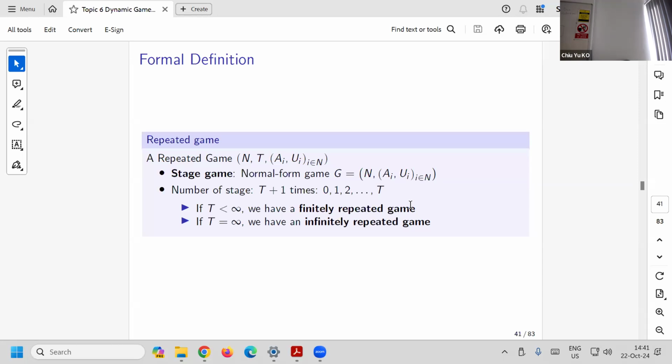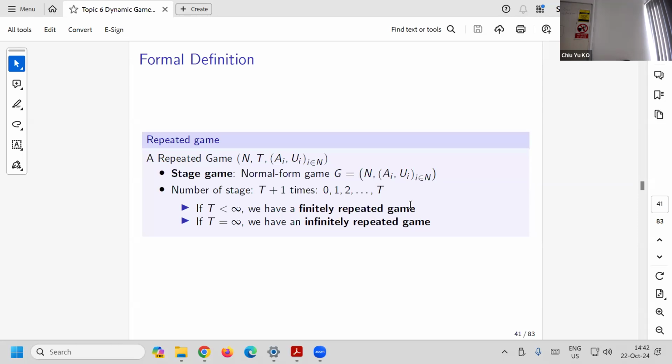So let's move on to the repeated game, okay? The only difference from a normal form game here, A and u, is T. T is telling us how many rounds it's going to repeat. Note that a repeated game is a special type of dynamic game, such that every time you repeat the game, it is the same.